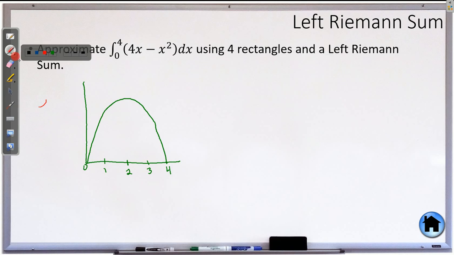So, a left Riemann sum means that when I draw a rectangle up underneath this curve, the left corner of the rectangle is going to touch the curve. Okay? And that's how tall the rectangle is. The left corner touches the graph.